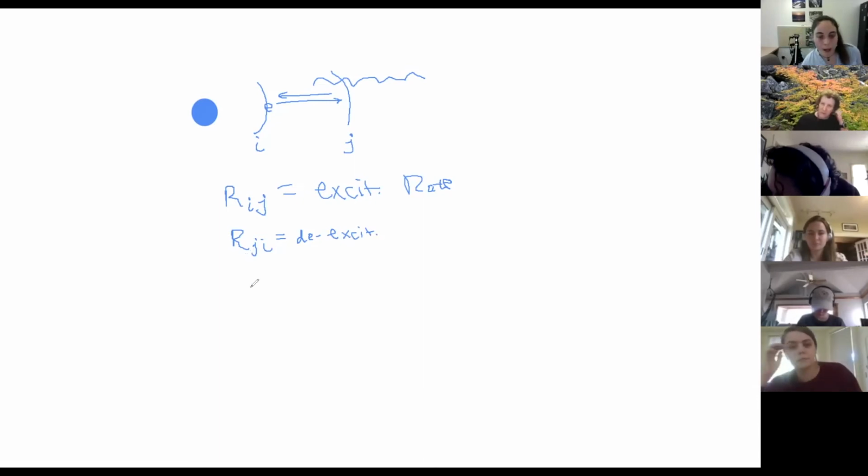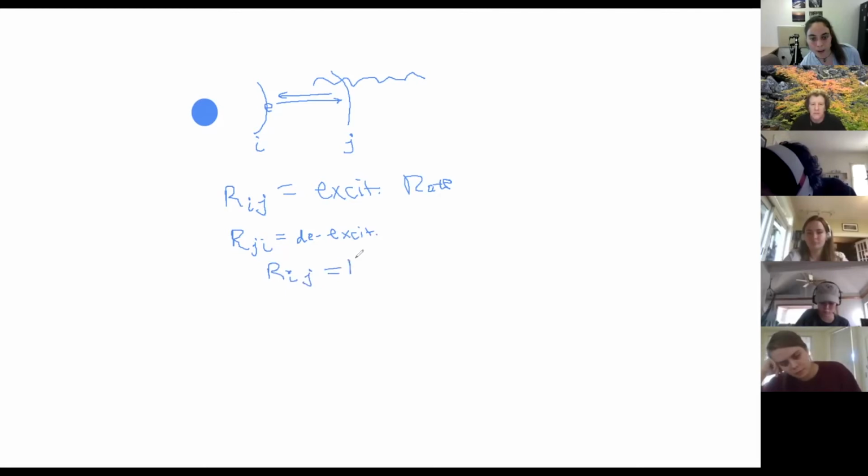If our ISM is fairly balanced, we expect the rate at which excitations are happening to be approximately equal to the rate at which de-excitations are happening.